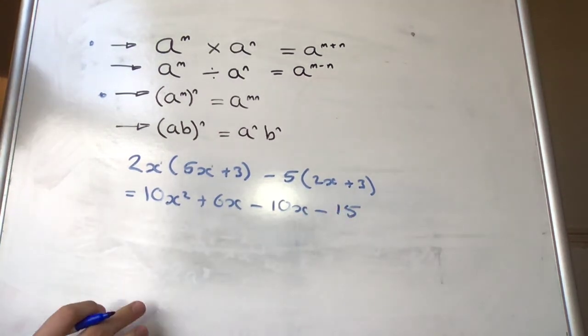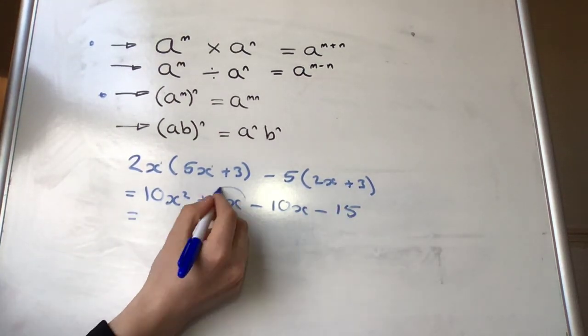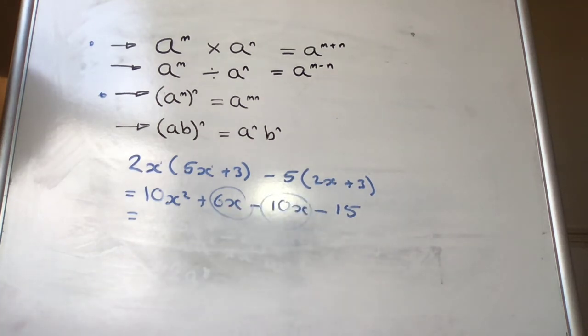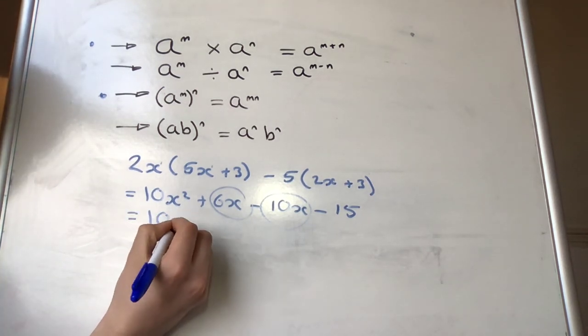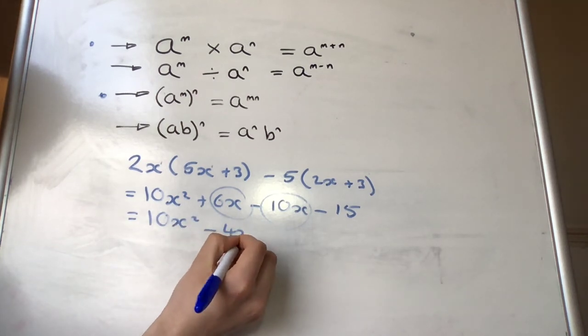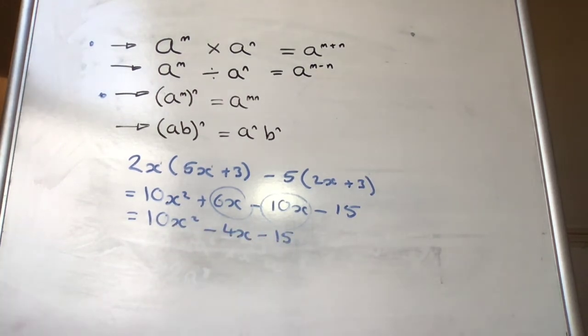Now we haven't quite finished yet, because as you realise here, we have some terms that can be simplified further because they are the same. So we can simplify 6x minus 10x to give us negative 4x. So that would give us 10x squared minus 4x minus 15, and that would be the correct answer.